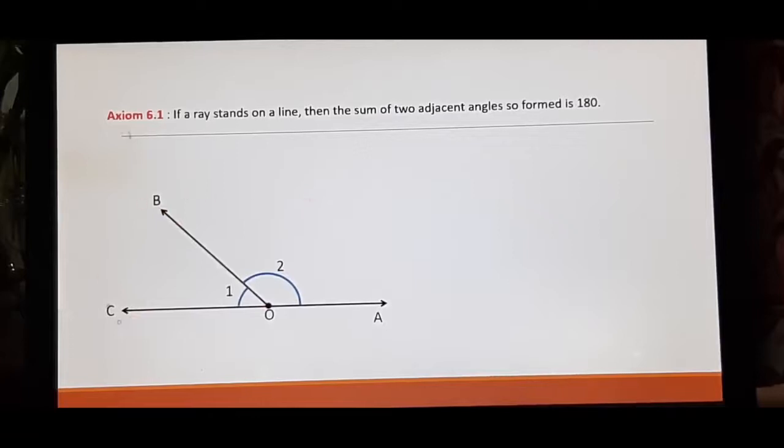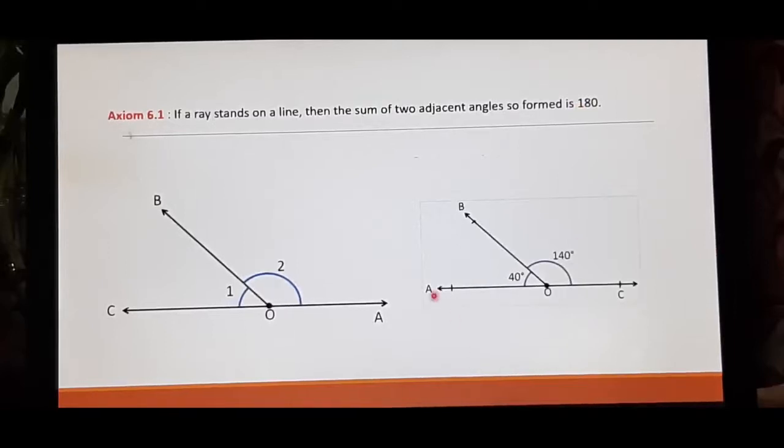So if this is the situation, then angle 1 plus angle 2 is equal to 180 degrees. Once again I will explain. I have one line AOB. If any ray stands on this line, so OB is a ray which is standing on this line, then angle 1 plus angle 2 will be equal to 180 degrees. So this is as per axiom 6.1.